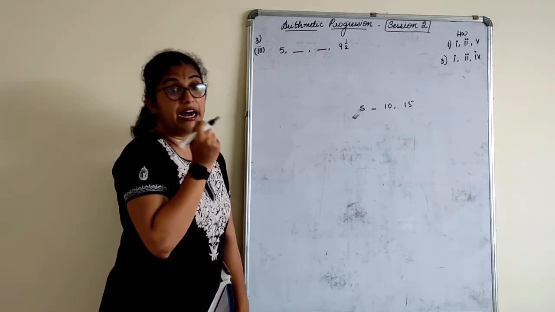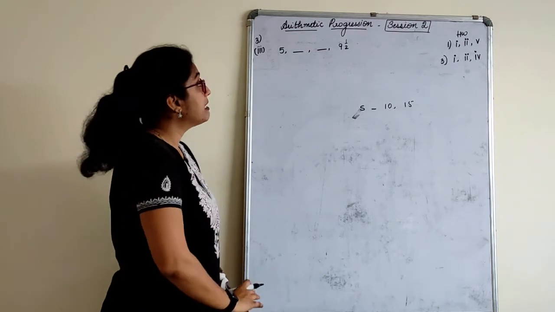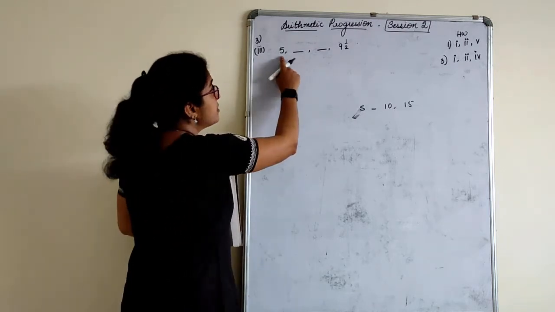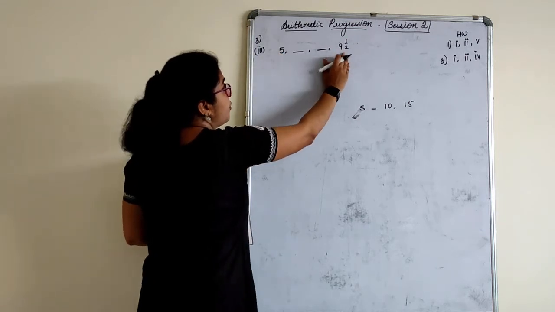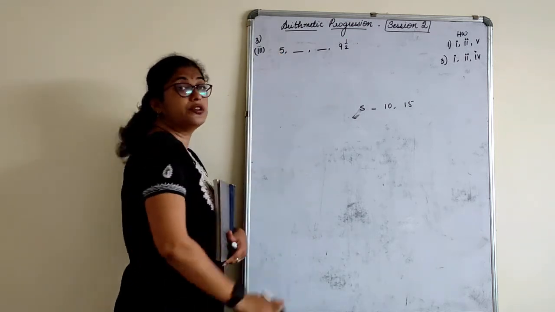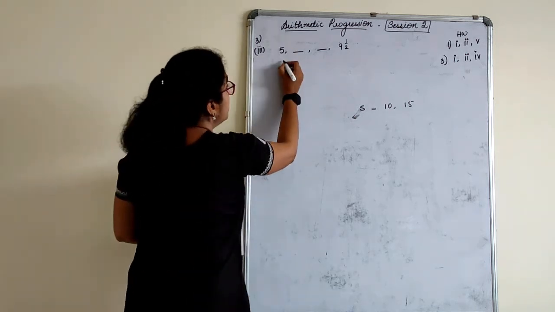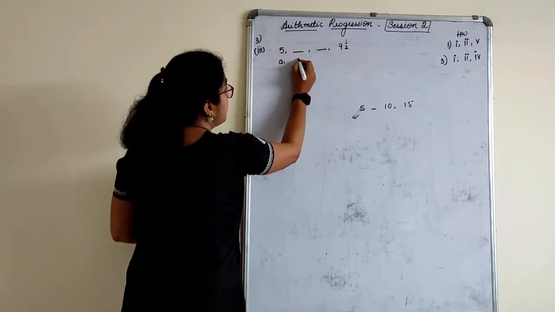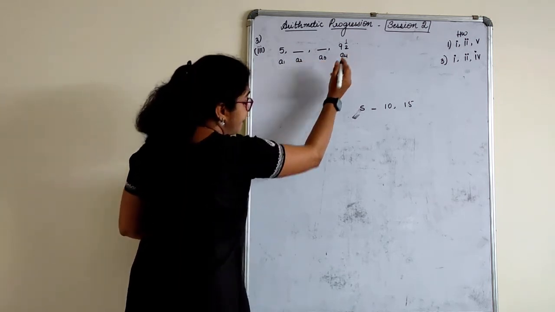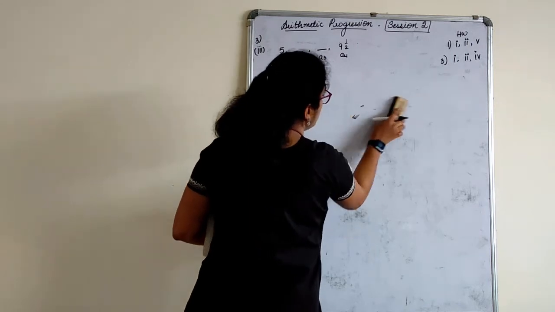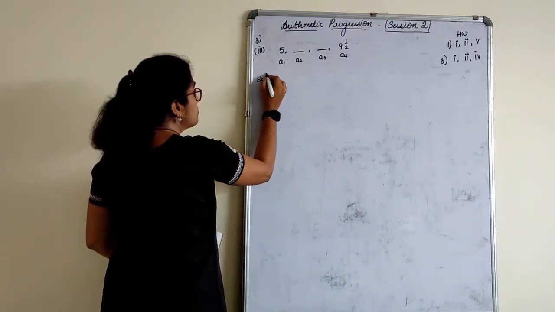After finding the common difference, I know the first term and I can find the second term. But here it is not the case. In the given, how many terms are given? 1, 2, 3, 4. I know the first term, I know the fourth term. With that, finding the common difference is difficult. So what we will do? Write down which are the terms, A1, A3 and A4, in pencil. So with respect to that, let us write the solution.